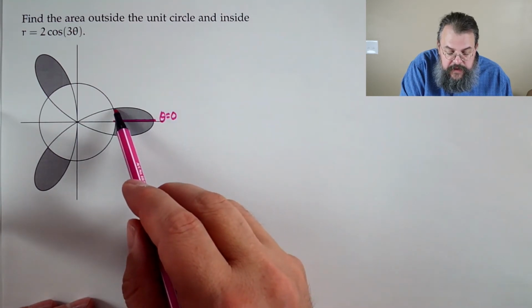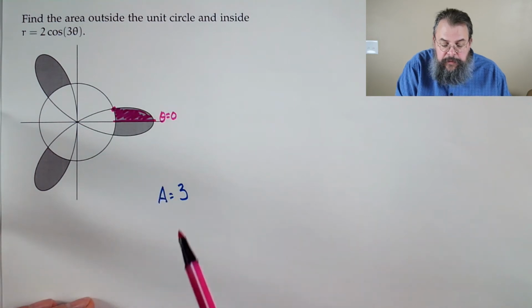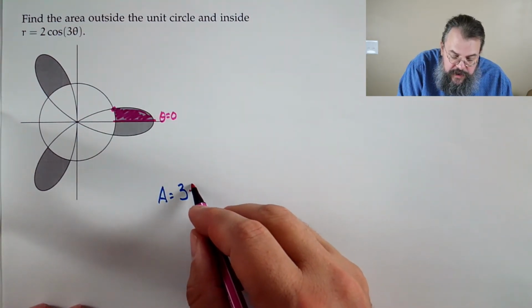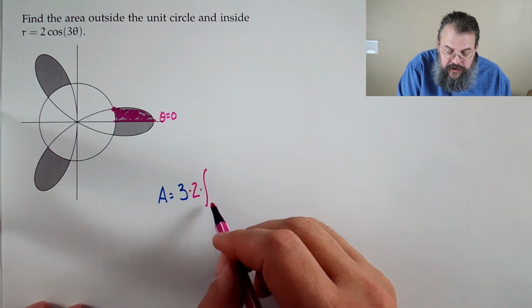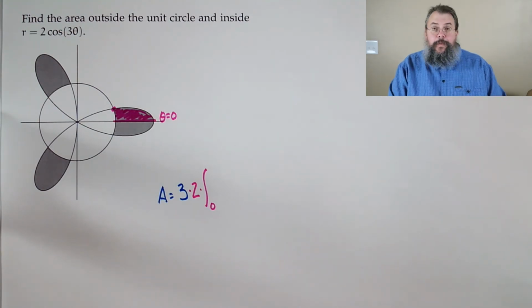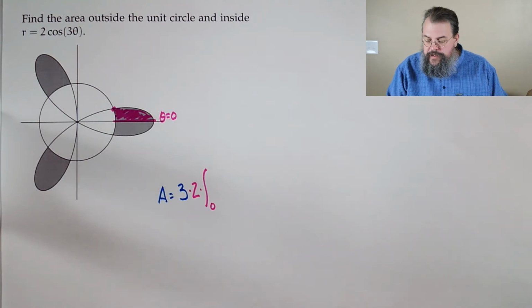And if I just do this top half, I could double, and that would give me the area of that petal. So we're going to double going from 0 to something. Okay, so now we actually have to think, where do we go? What's the right angle?